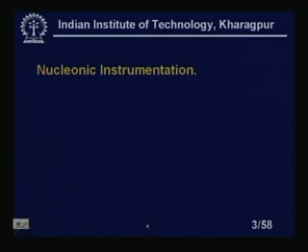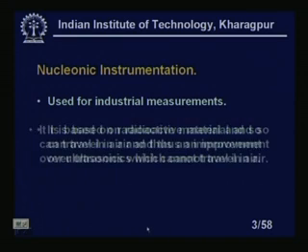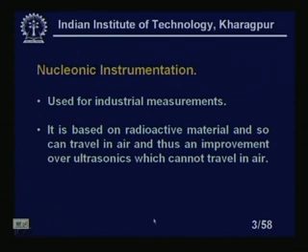Right. Now, nucleonic instrumentation looks like this, used for industrial measurement. It is based on radioactive material, so it can travel in air, thus an improvement over ultrasonics, which cannot travel in air. We have seen that if you try to launch ultrasonic waves in air, it is almost impossible.